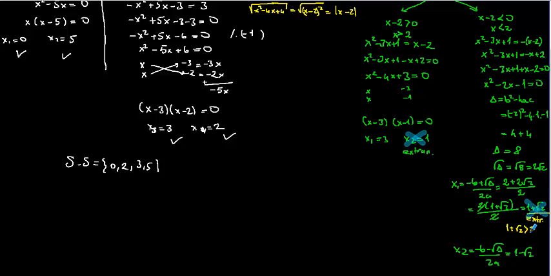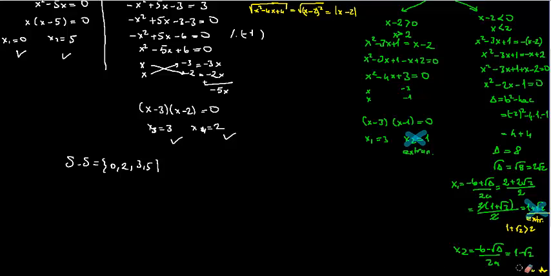But the second one, 1 minus root 2, is less than 2. So this is going to be inside the solution of the question.